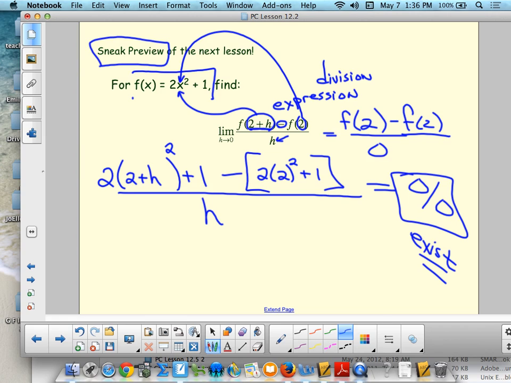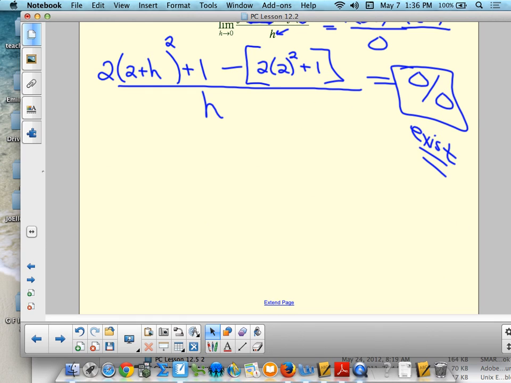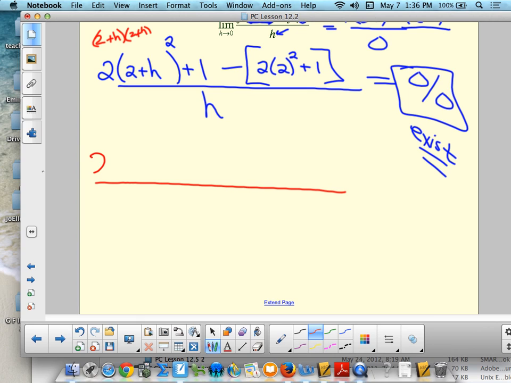Okay, now it comes down to this. Can you guys work this out? Okay, 2 times 2 plus h squared plus 1. Well, 2 plus h squared is 2 plus h times 2 plus h. So you're going to FOIL that out, or if you can do it in your head, do it in your head. Anybody got it? h squared plus 4h plus 4.